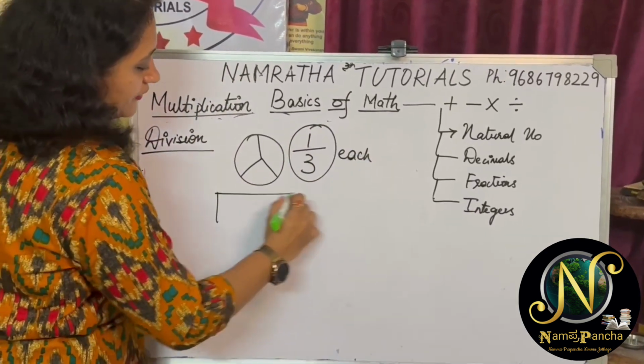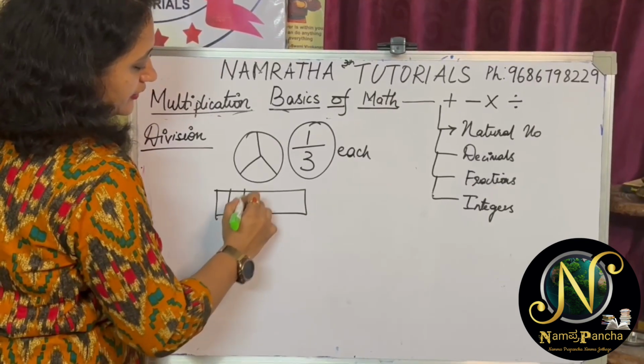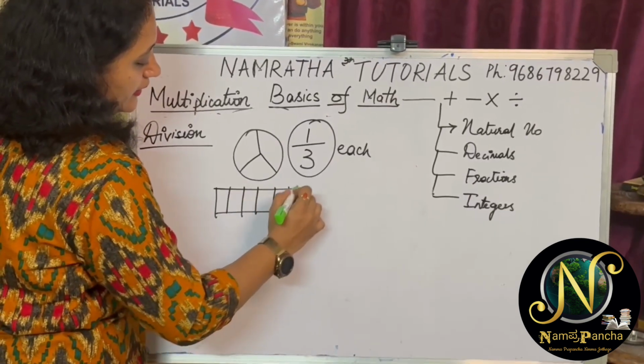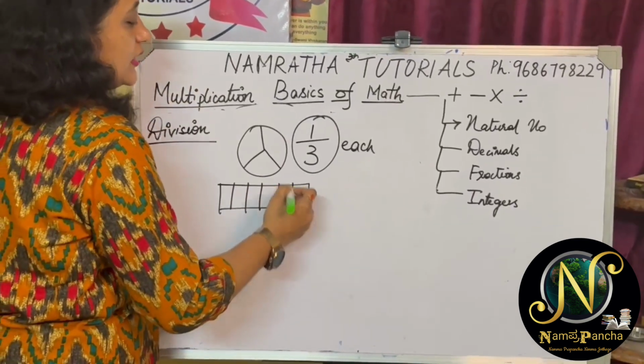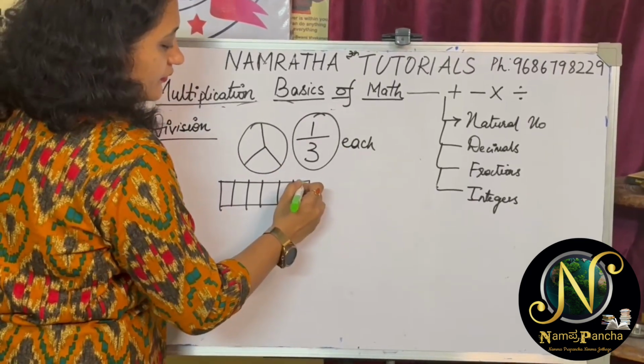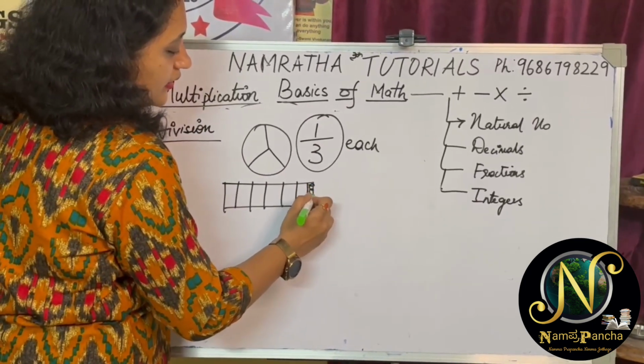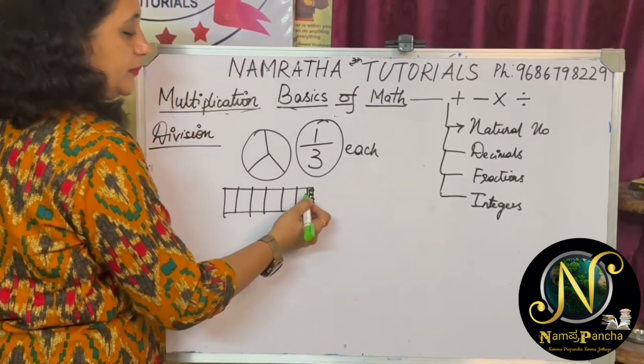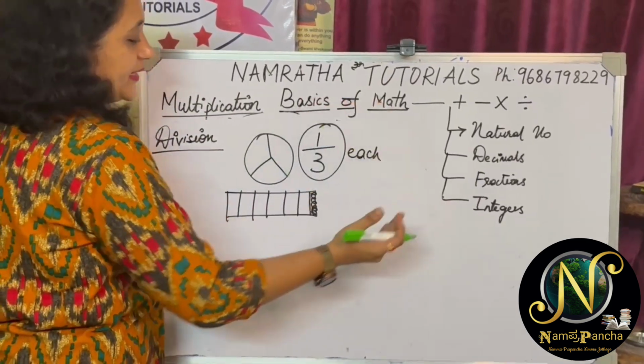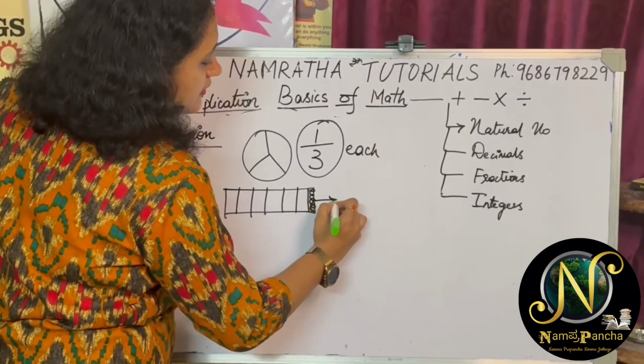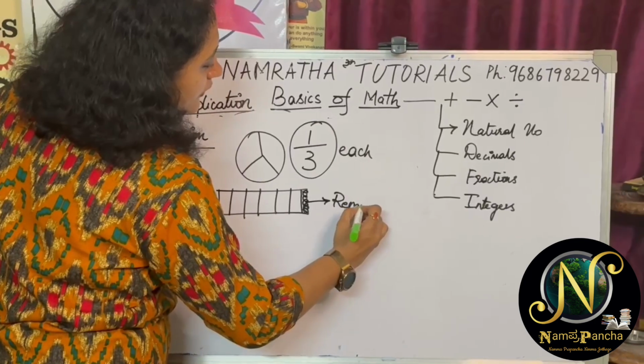That means if we have a big block and we are dividing it into equal parts, then this is called division. Sometimes, when we are dividing into equal parts, a small part will be left which is too small to divide into the next part. This is called the remainder.